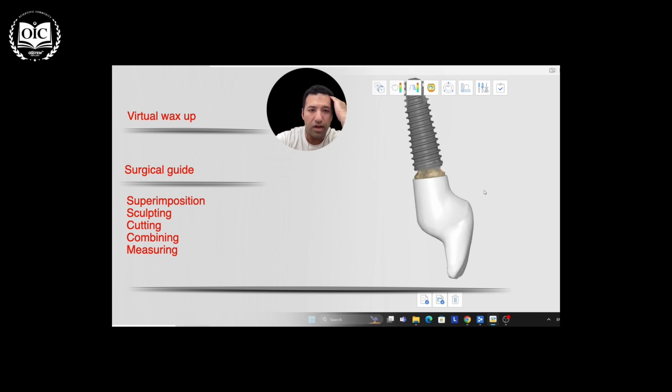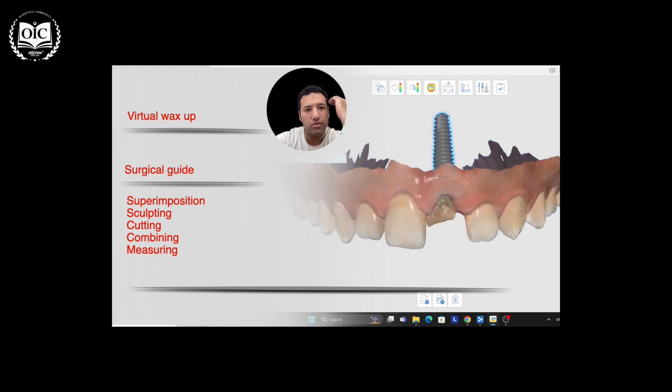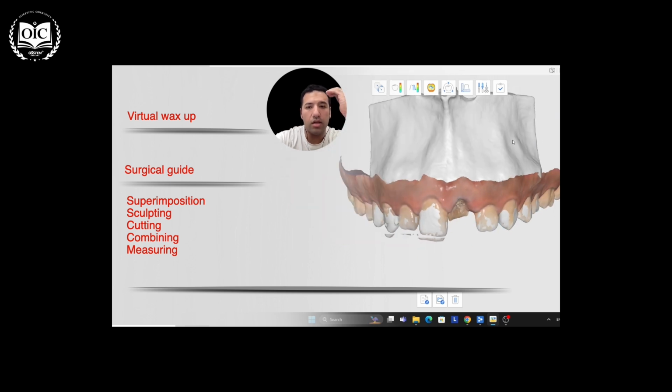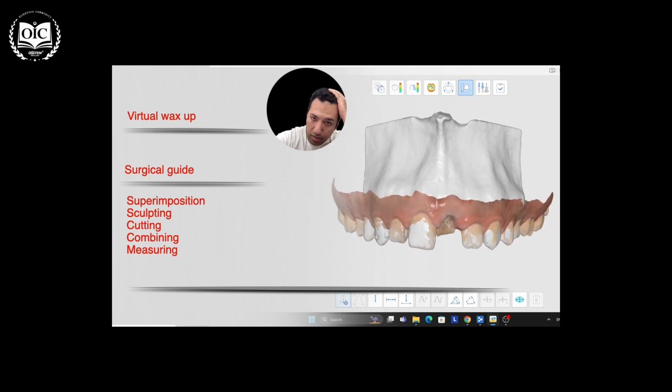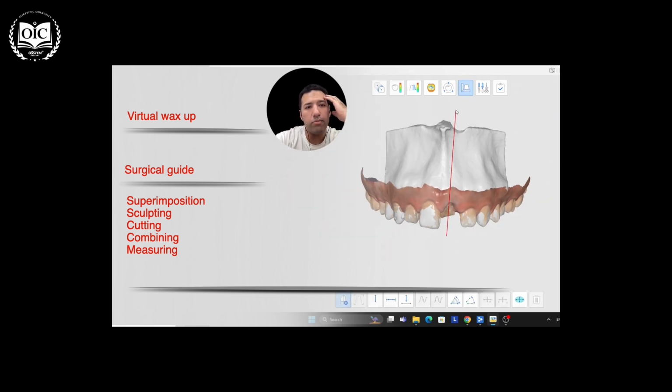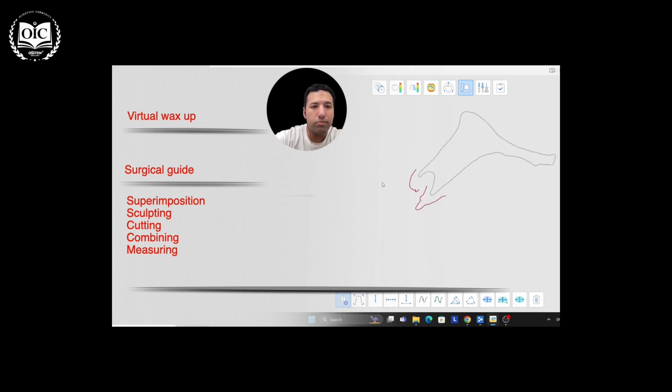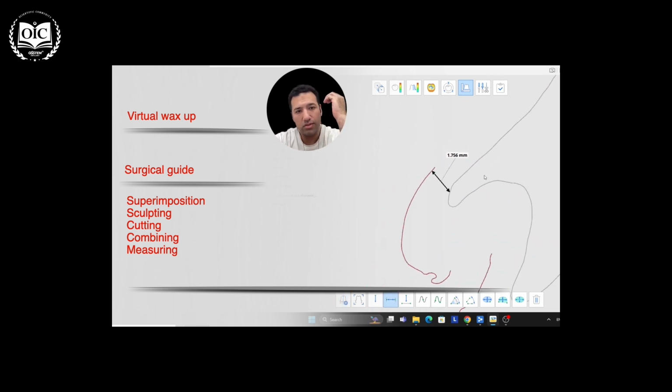Getting the good profile with the EBC zones with the healthy curvatures of the crown that yields a long-term result with this patient. That was a brief of how we plan surgical guides according to their prosthetically driven position.